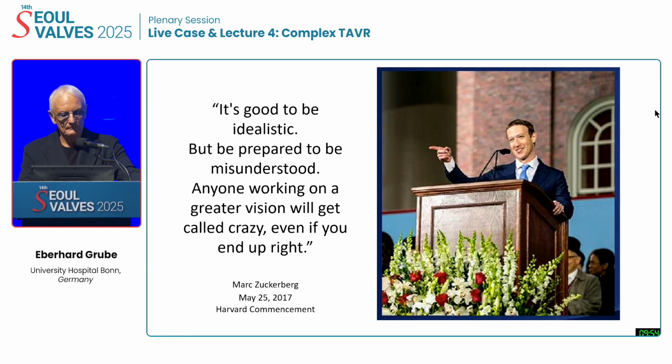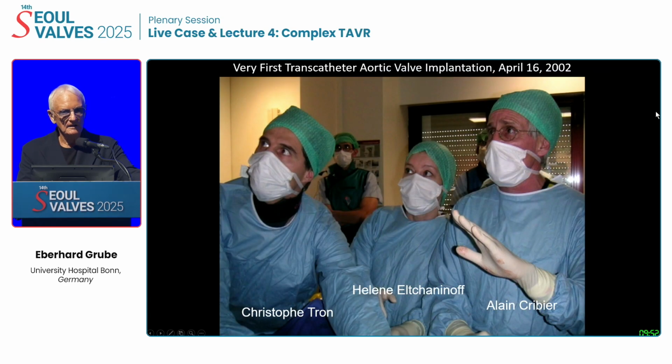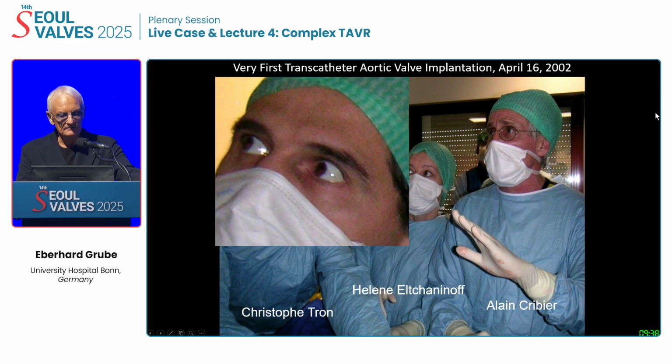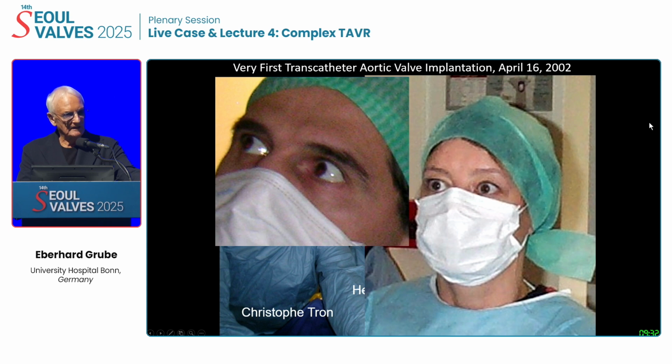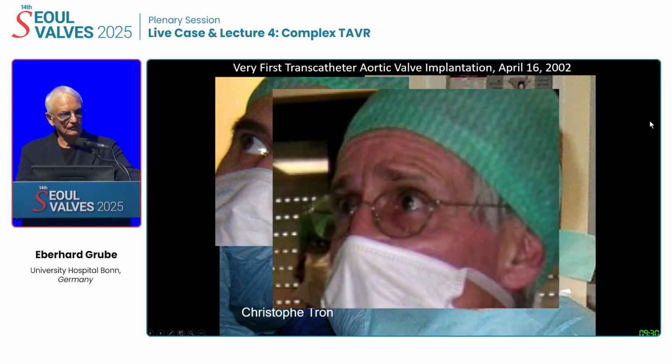So true, particularly looking at this team who basically invented TAVR. And you can see here the very first transcatheter aortic valve implantation in April 2002. Look, the first implant. None of these three knew what the valve would do. Would it fly away or would it stay? Even the master wasn't sure.